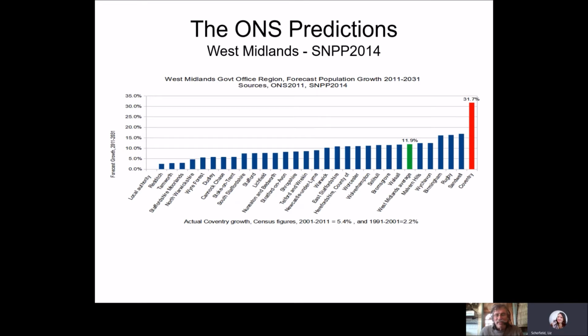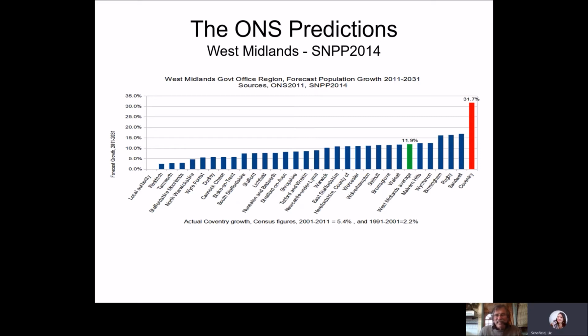There are loads of them. And the thing that leaps out at you is that the big red line at the right-hand side is towering above the rest. That's the line for Coventry's growth over a 20-year period.